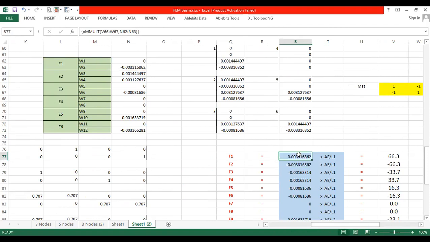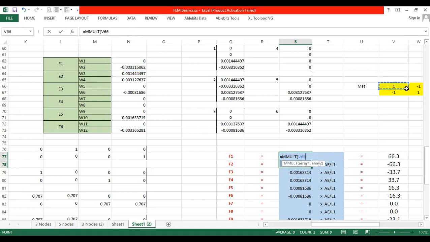For this, you have to multiply this matrix, first this matrix, by W1, W2. You should multiply it in order.